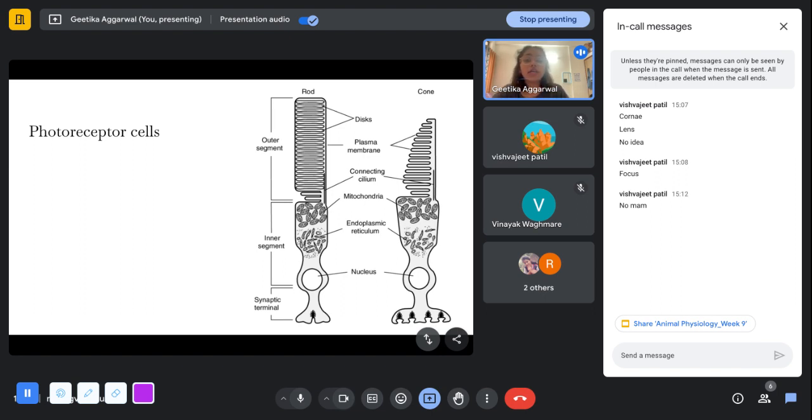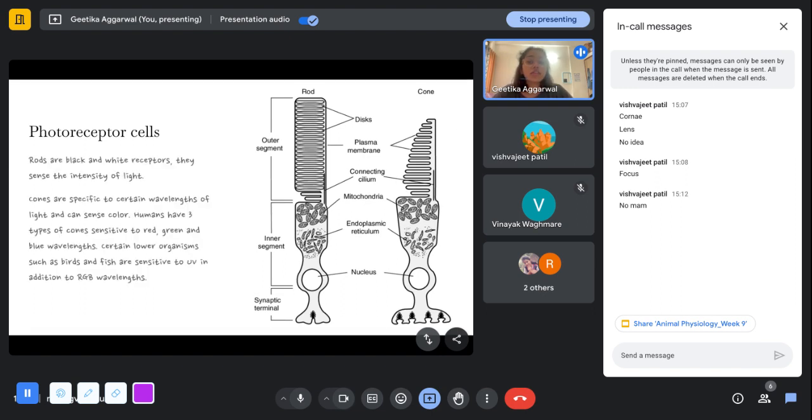Cones are specific to different wavelengths, like red, green, and blue wavelengths of light. They are the ones that provide color to the images that we see.